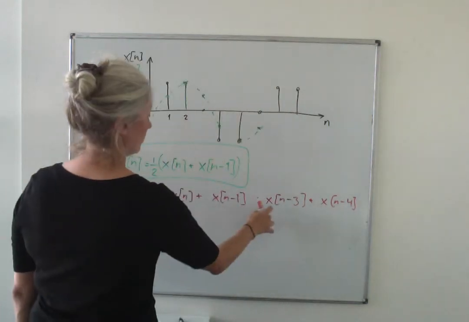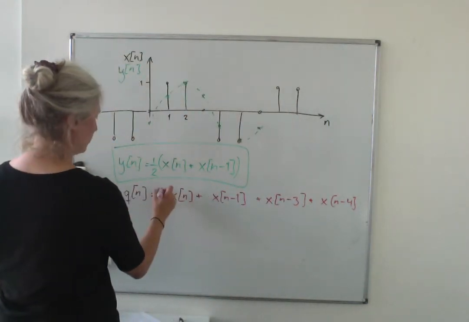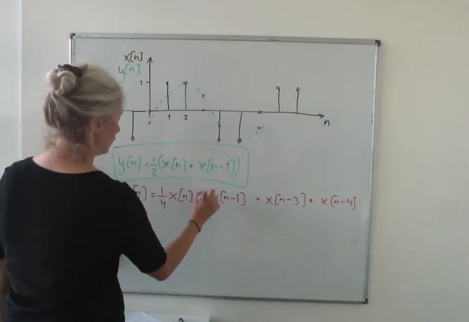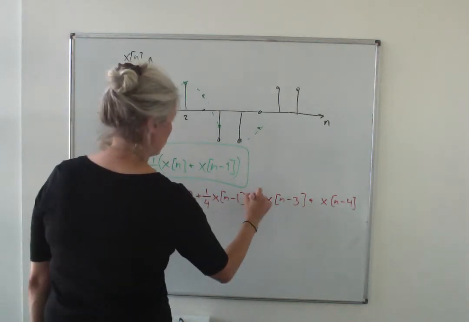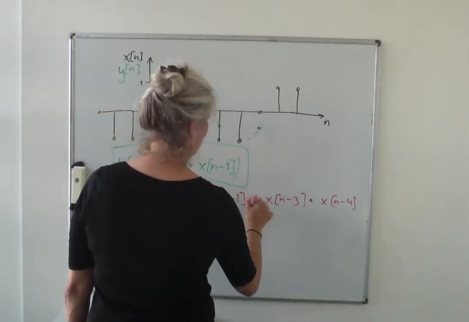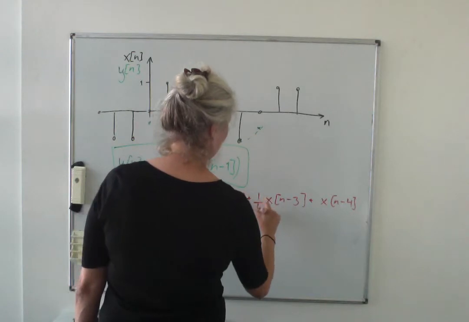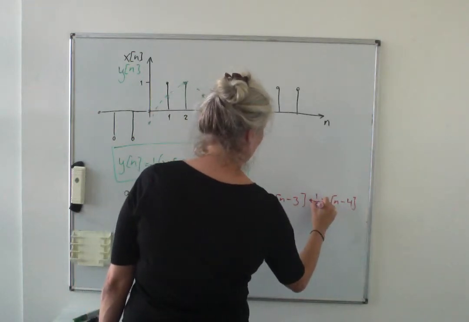Now we have 1, 2, 3, 4, a 4-point moving average. I divide each of these by 4.